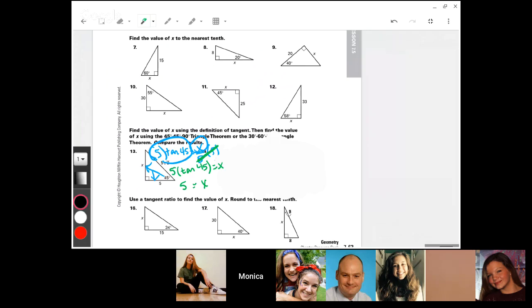And now it says to do it using the 45, 45, 90, which is like our tic-tac-toe thing we did, okay? So here we have our tic-tac-toe board. 45, 45, 90. And then we have x, x, and x square root of 2. Is that right?